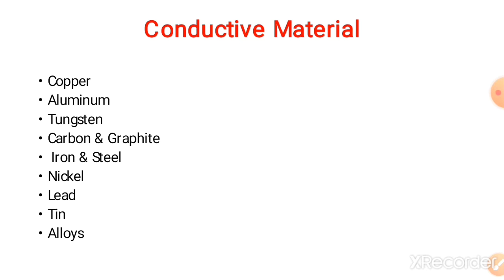Next conducting material is carbon and graphite. In DC machines like generators and motors, the sparking problem is very severe, and the wearing of the commutator is also a severe problem. This severity is reduced with the help of carbon and graphite brushes.